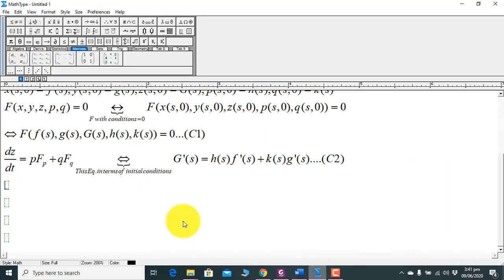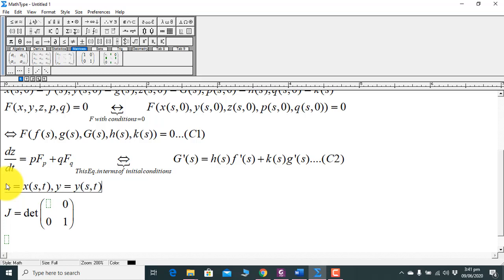What is the Jacobian? I will try to explain the Jacobian. The Jacobian is the determinant of, if you remember, the transformation: x of s comma t, and y was y of s comma t.